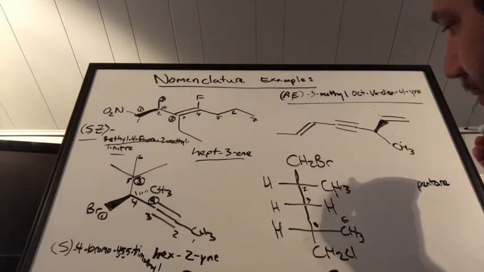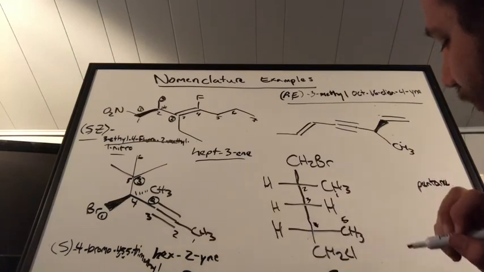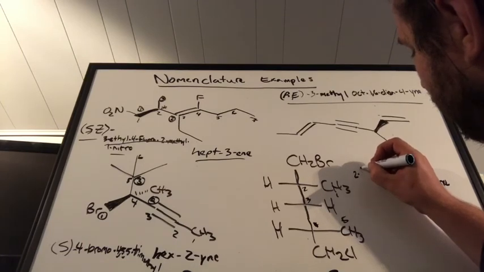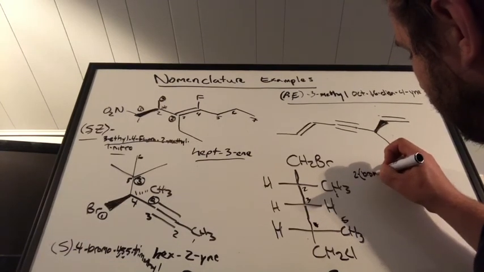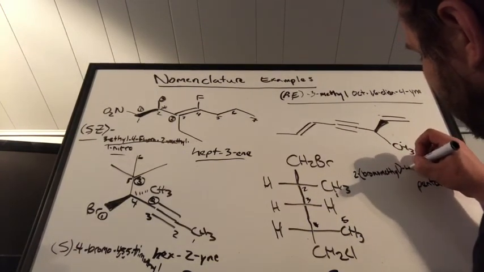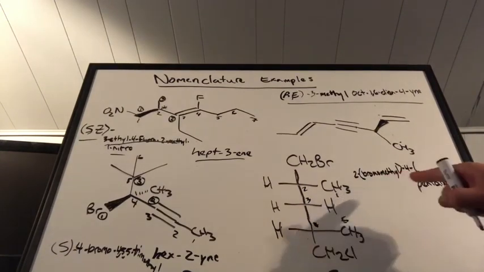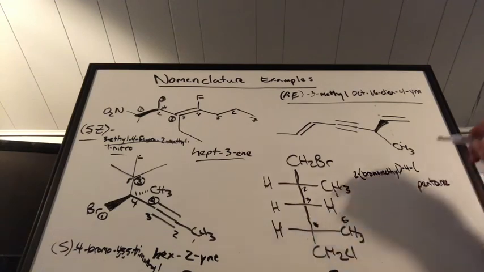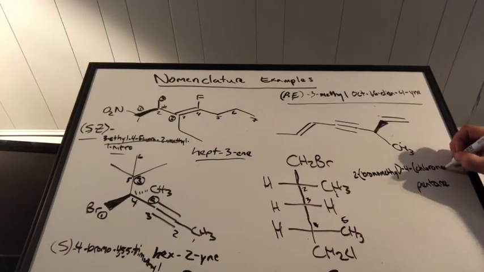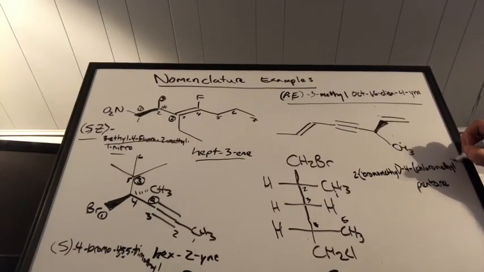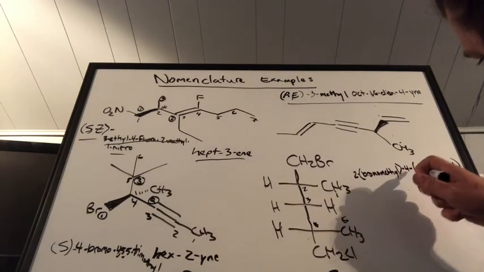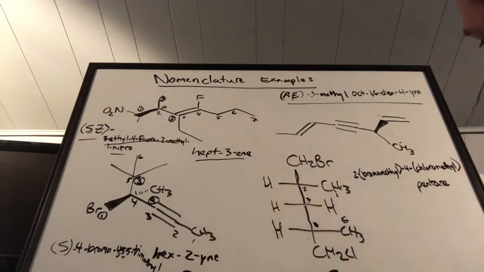Okay, so we have 2-bromomethyl, 4-chloromethyl. Remember to put that in parentheses, the chloromethyl. So 2-(bromomethyl), 4-(chloromethyl)pentane.